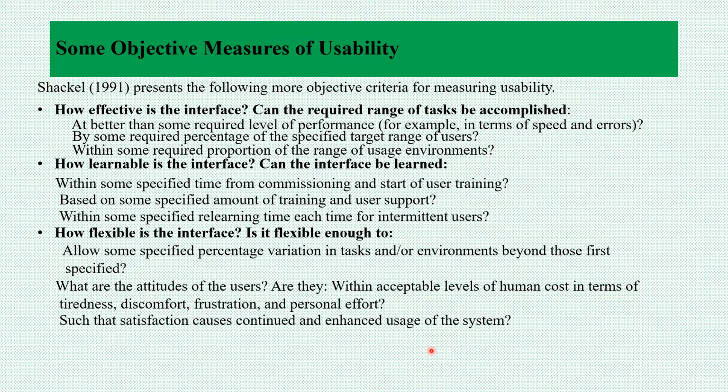So it should be flexible for the user, so that the user does not get tense or tired, or feel discomfort in handling that particular software. So the objective measures of usability are: how effective is the interface, how learnable is the interface, and how flexible is the interface.